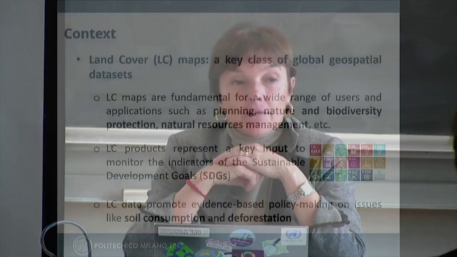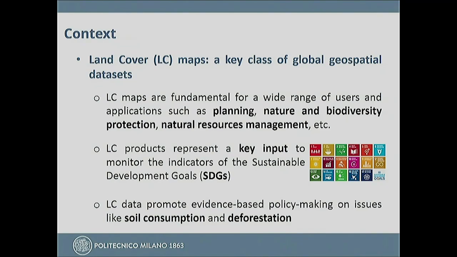the reason why we are interested in that. First of all, land cover is really a key class of global geospatial datasets.